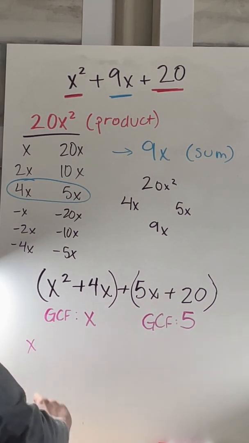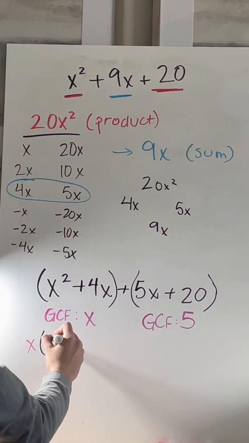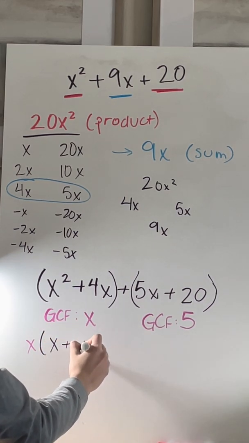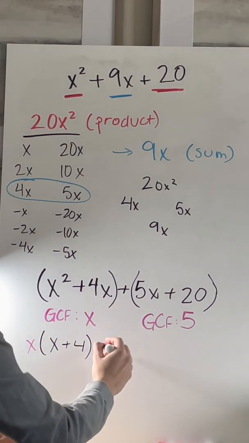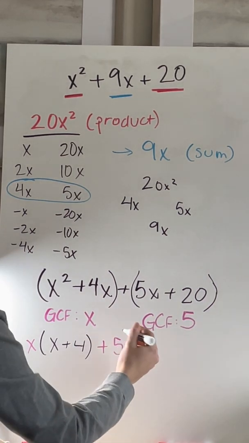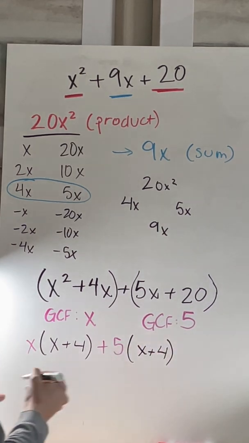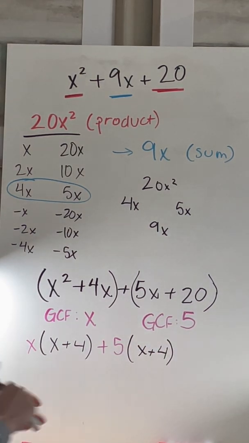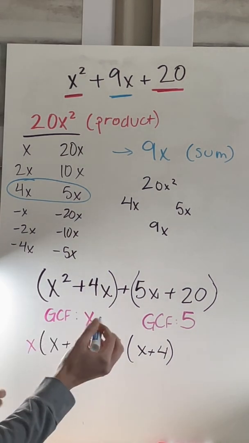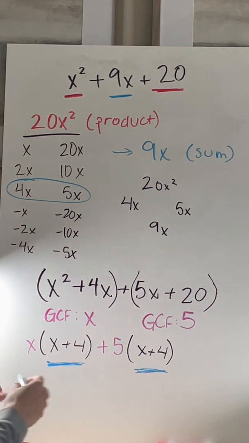We get x times x plus 4, plus 5, our other GCF, multiplied by x plus 4. Again, notice we're on the right track because we have the same thing here as we do here.